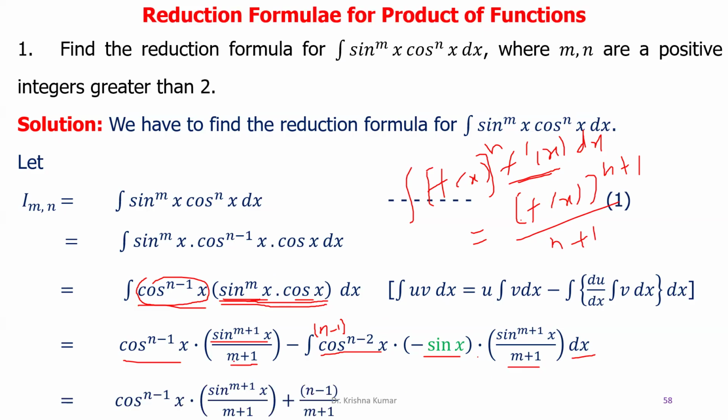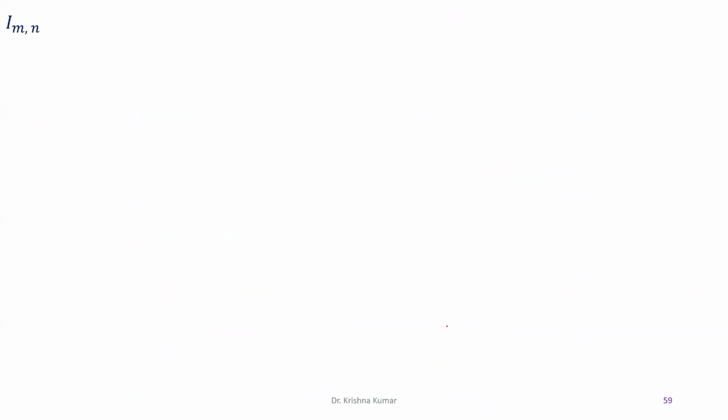So this can be written as cos to the power n minus 1 x into sine to the power m plus 1 x upon m plus 1, plus n minus 1 upon m plus 1, which we are taking outside. This minus and minus will become plus, cos to the power n minus 2 x into sine to the power m plus 2 x dx. This is m plus 1 and this is 1, so it will become sine to the power m plus 2. Let us go ahead.